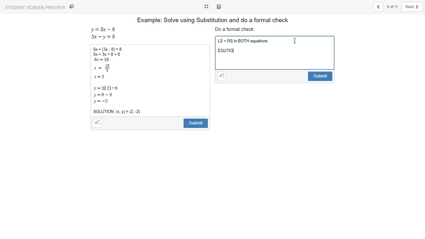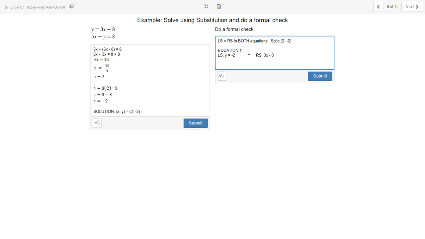So for us to do a formal check, we need to check that for the solution x = 2, y = negative 2 will make both equations have left side equal to the right side when we substitute this in. So equation 1, our left side is equal to y. Y is equal to negative 2. The right side, we have 3x minus 8.